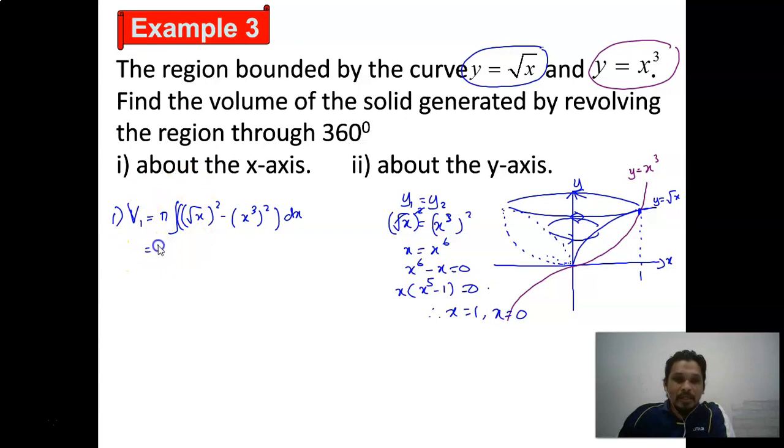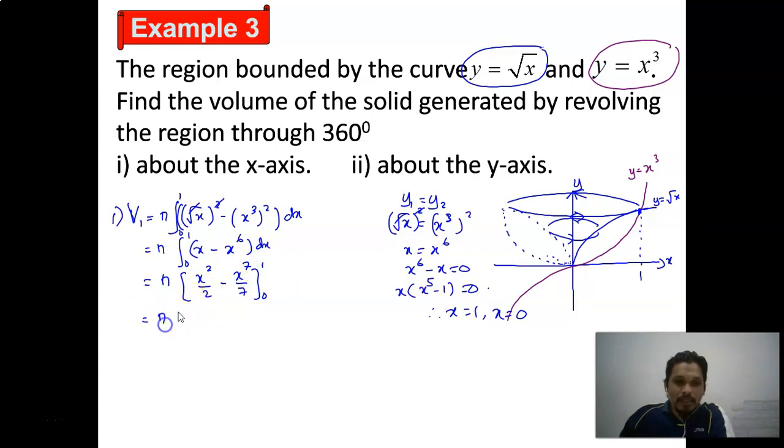So now pi, between this and this, from 0 until 1. Eliminating the square root sign and the square, we come up with an x here, and then this one, x to the power of 6, dx. Pi, and integrate x squared divided by 2 minus x^7 divided by 7 from 0 until 1.